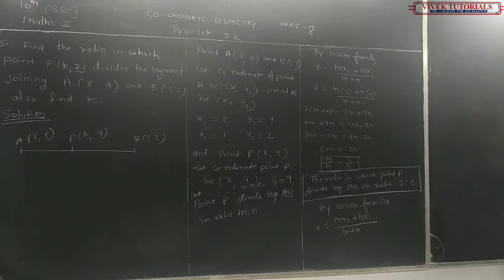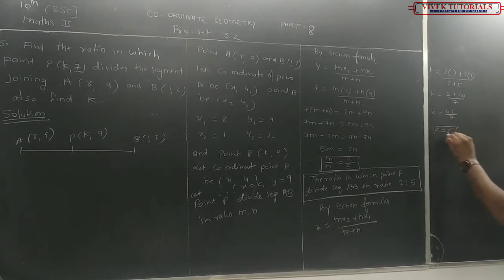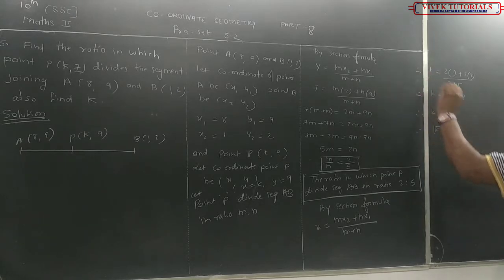Now we also have the value of m, which is 2, x2 is 1, plus 5 into x1, which is 8, upon 2 plus 5. So k is equal to 2 ones are 2, 8 fives are 40, so 42 upon 7. K is equal to 6 is the final answer.